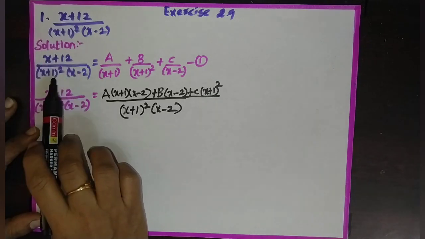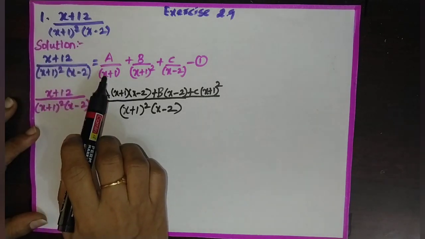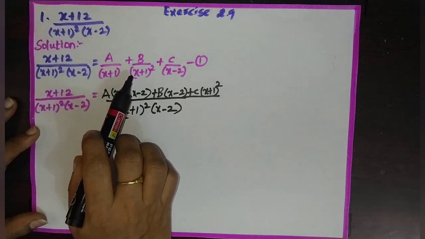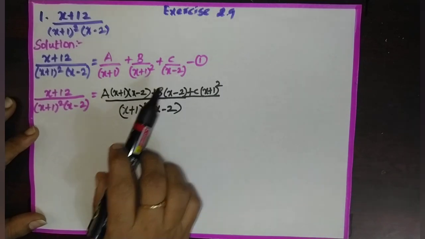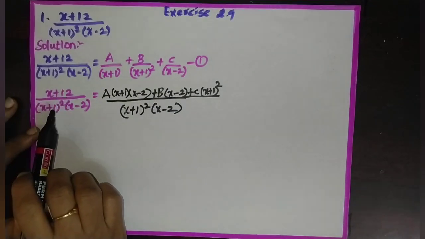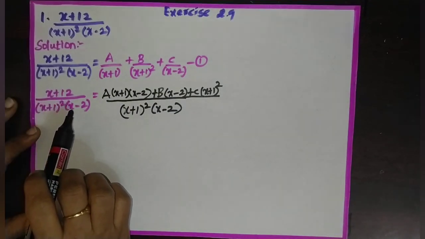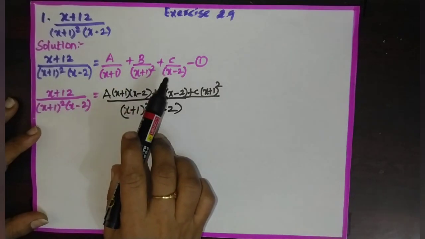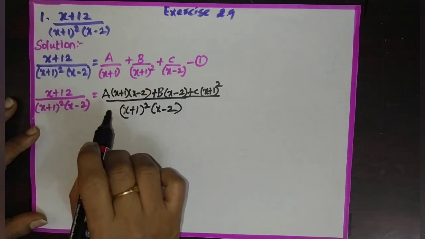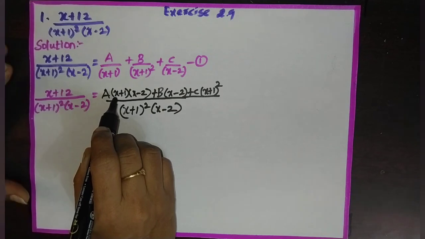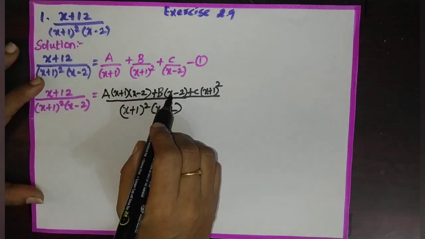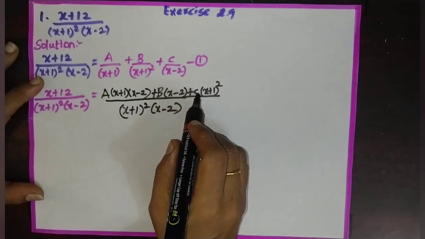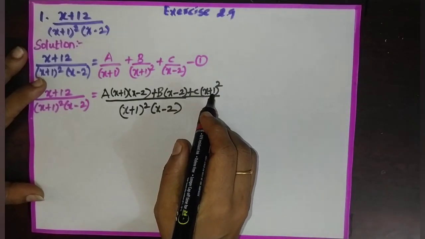The expansion for this case is a by x plus 1 plus b by x plus 1 the whole square plus c by x minus 2. Then x plus 12 by x plus 1 the whole square into x minus 2 is equal to, the right hand side we need to take LCM. So we get a of x plus 1 into x minus 2 plus b of x minus 2 plus c of x plus 1 the whole square.